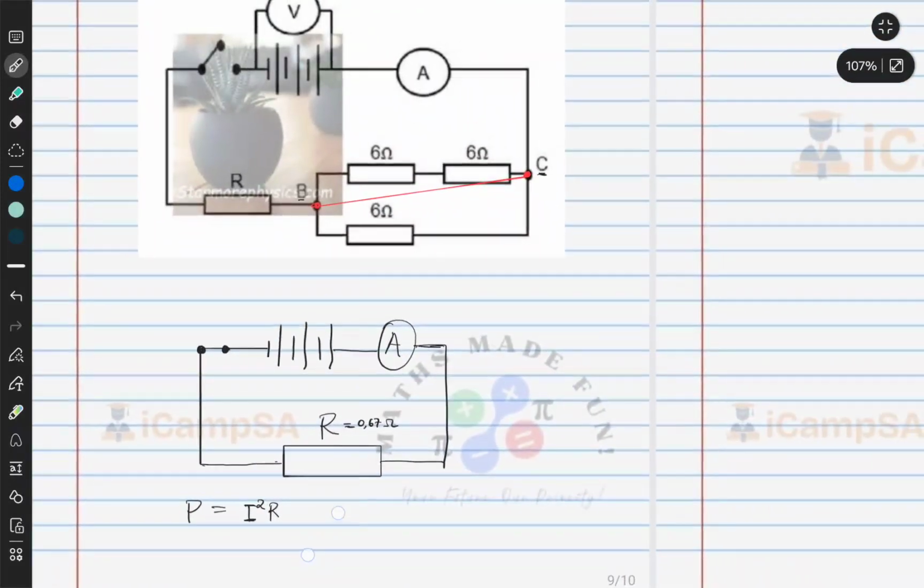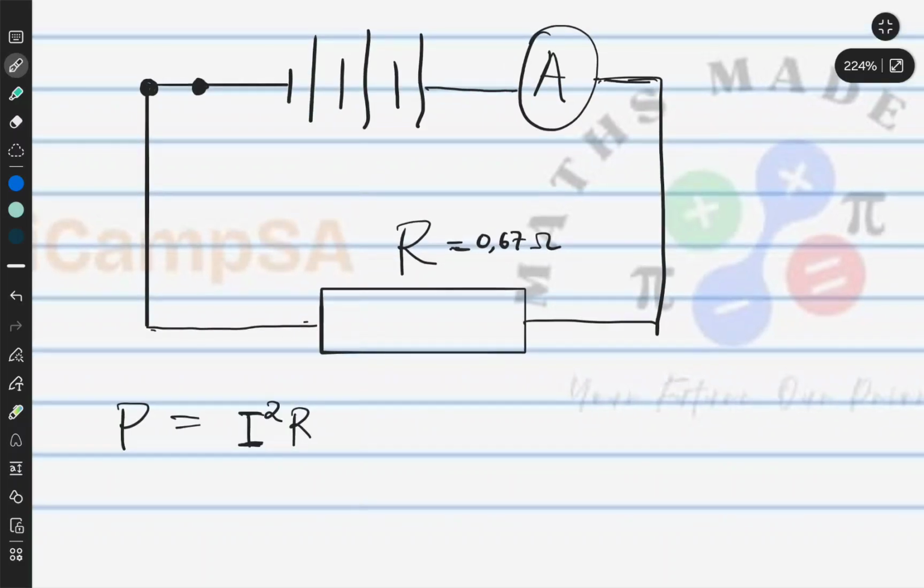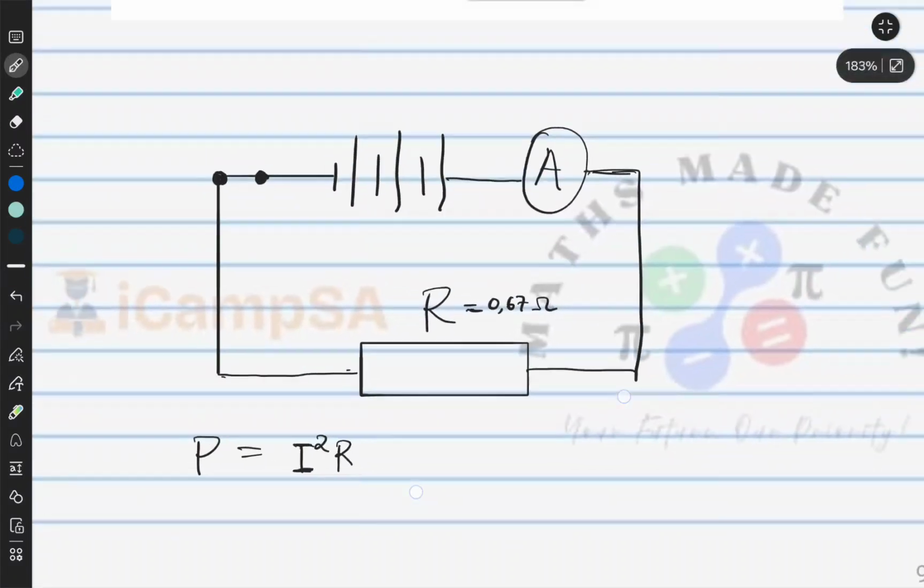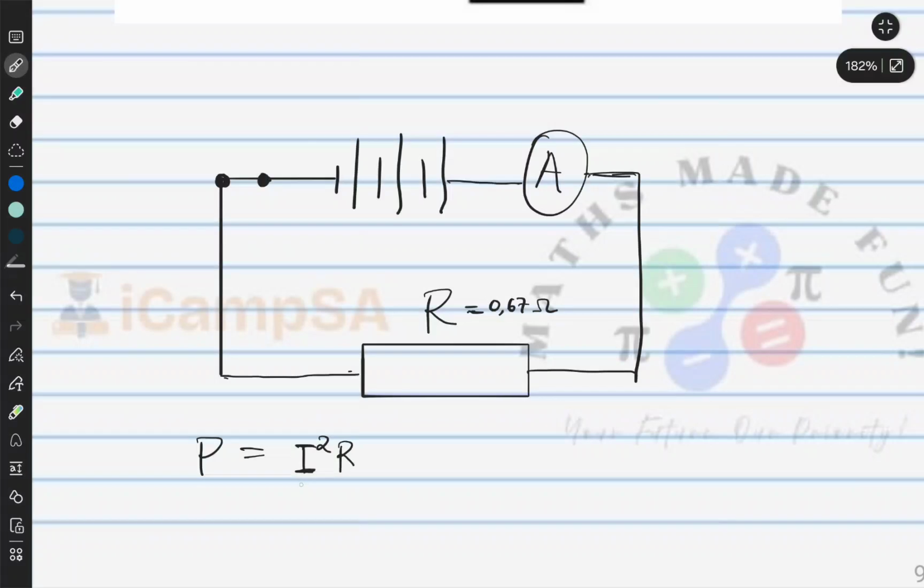All of the current is flowing towards the 0.67 resistor. So what that essentially means is that the current at the 0.67 ohm resistor will now increase. So what will happen to the power if this current increases? The simple answer is it will increase, because power and current are proportional.